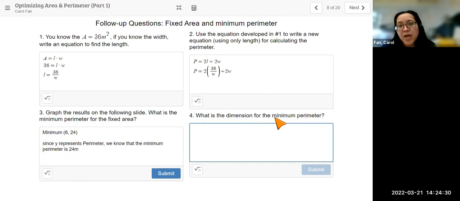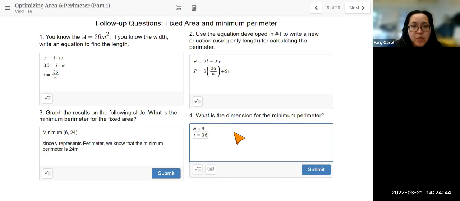Okay, what's the dimension for the minimum perimeter? Well, let's take our width and substitute it into our length equation to get both. So width is equal to 6, length is equal to 36 over W, or we could say 36 over 6, which is 6.